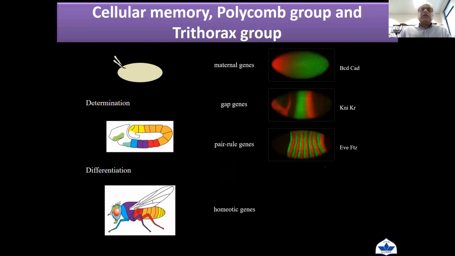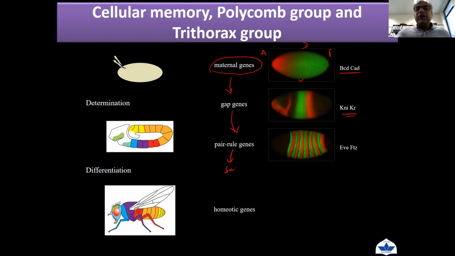So this picture you already saw in your developmental genetics lectures. Maternal genes, Bicoid and Caudal, or the other maternal genes, lay down the foundation for anterior-posterior and dorsal-ventral axis formation. As you know, they are transient, they activate gap genes, Knirps and Kruppel are shown here, and then a cascade of gene expression, gap genes to pair-rule genes, and then segmentation genes.